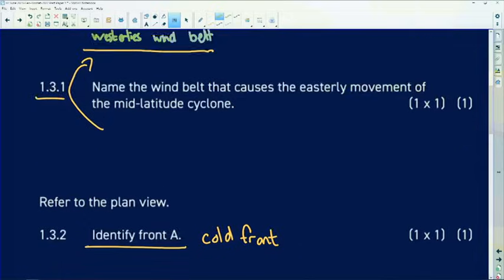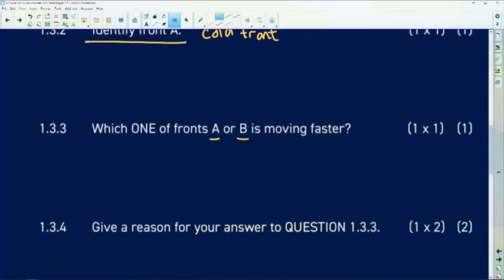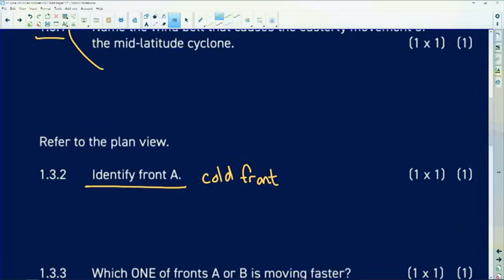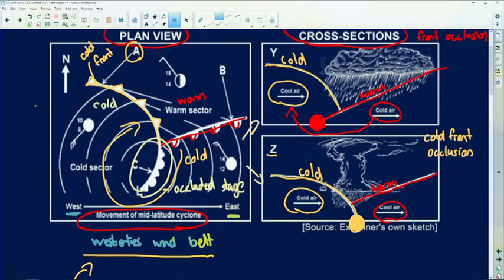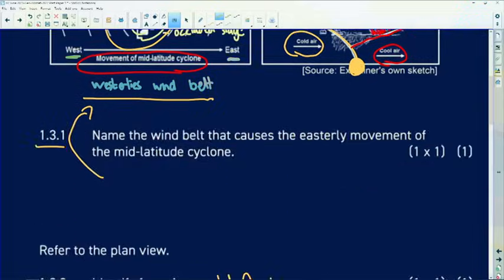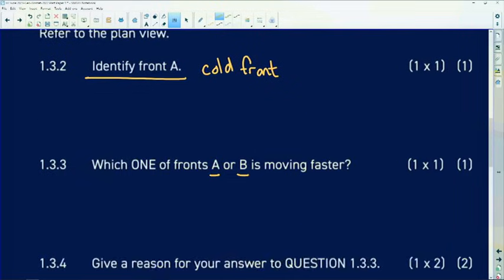If I can show you. So definitely A, let's just go back. We identified A as the cold front and B as the warm front. So the correct answer is definitely going to be A. Now, when we look at the movement of a mid-latitude cyclone, as you can see, it moves in stages.